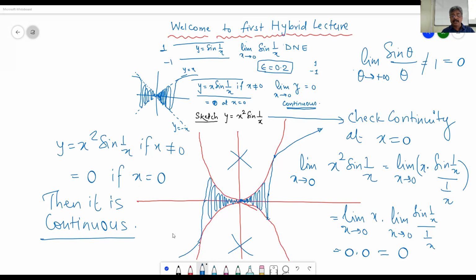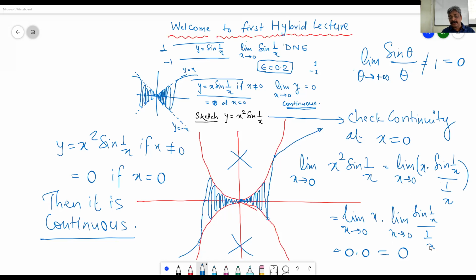Continuity can be achieved, which can be algebraically proved like this. Limit x square sine 1 upon x is equal to limit x into x sine 1 upon x as x tends to 0. Now there is a mistake which students do. The second limit that we have here, they say that this is 1, but it is not 1, it is 0, because x is tending to 0.